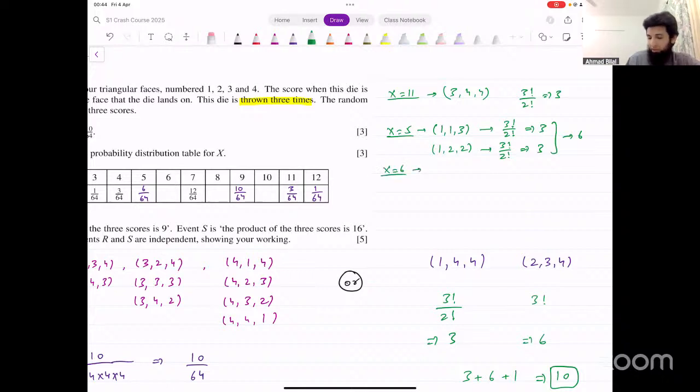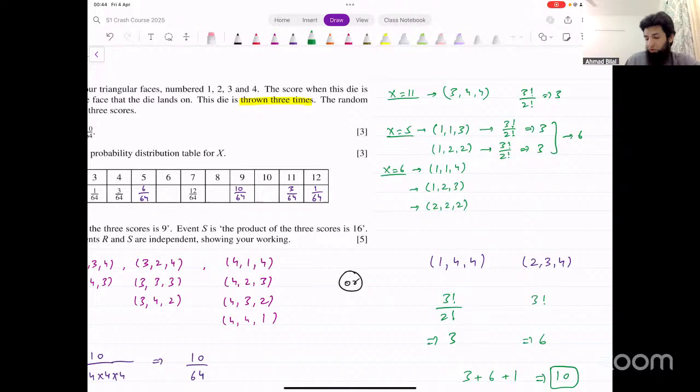Okay. Then what about 6? 6 is possible with 1, 1, 4, 1, 2, 3. 1, 4, 1 would just be an arrangement of that. And with 2, 2, 2, that's another possibility. Is there anything else?